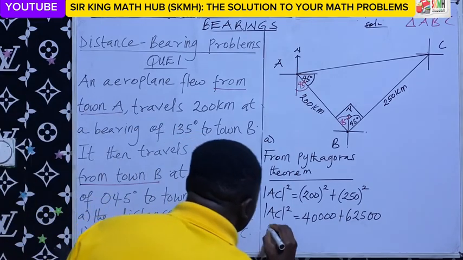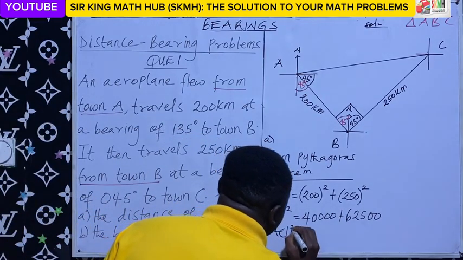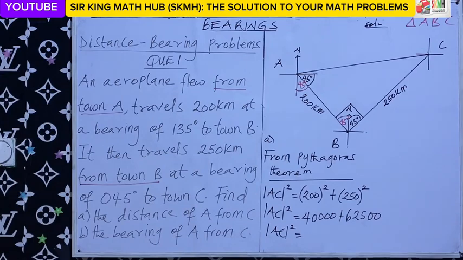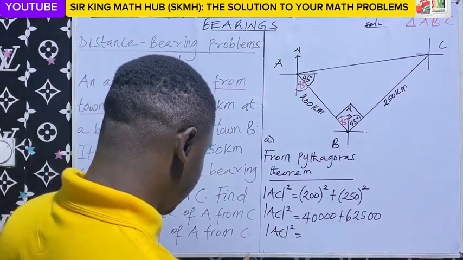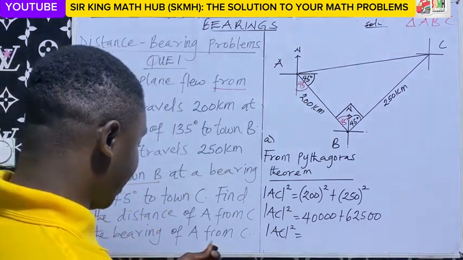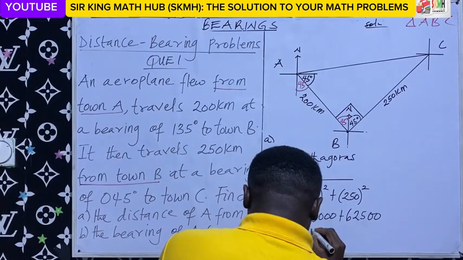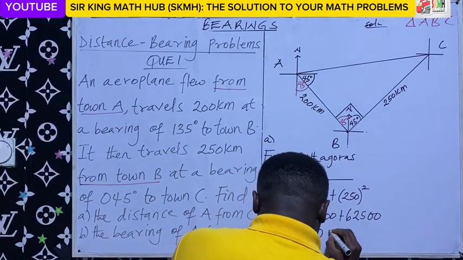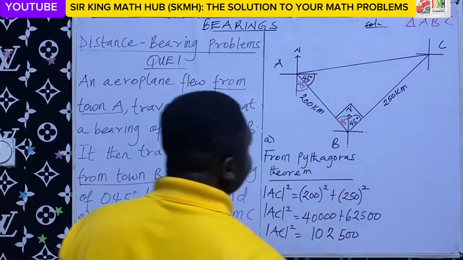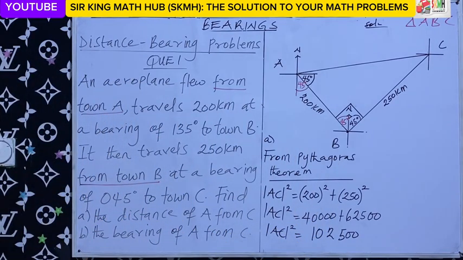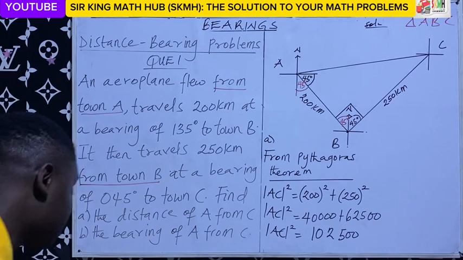So we have AC squared is equal to 40,000 plus 62,500, and that is giving us 102,500.